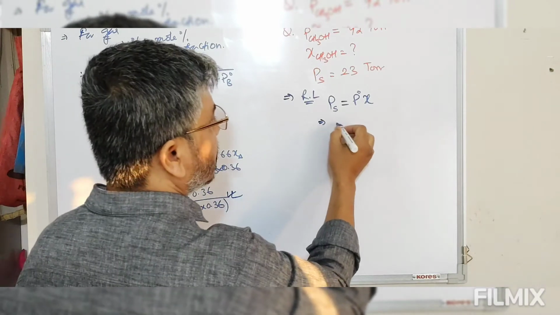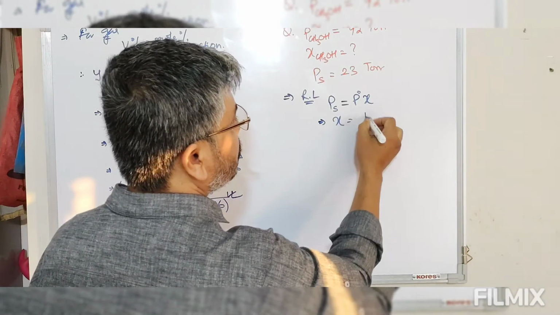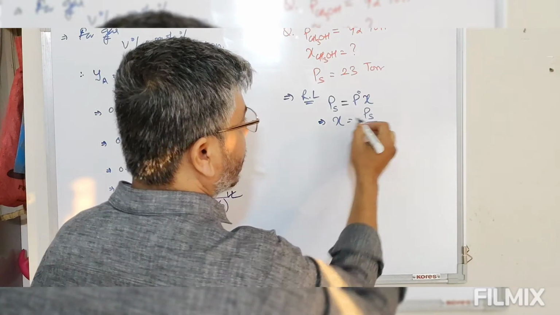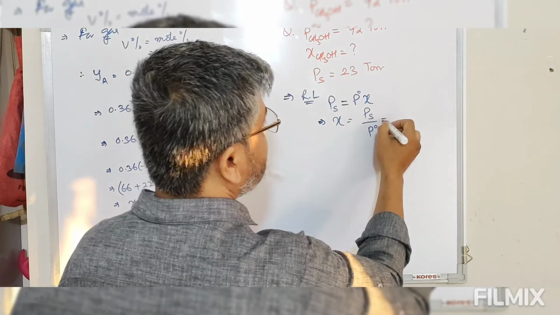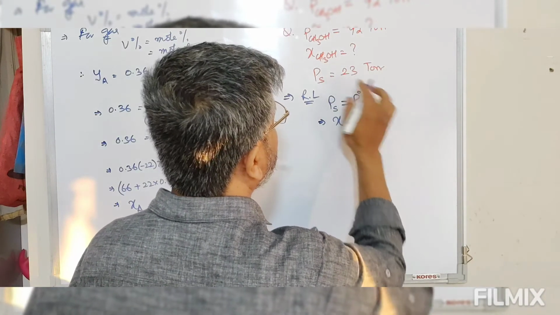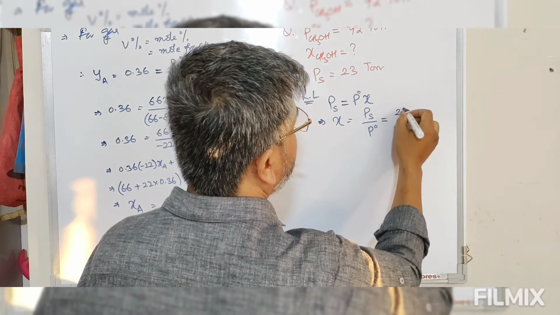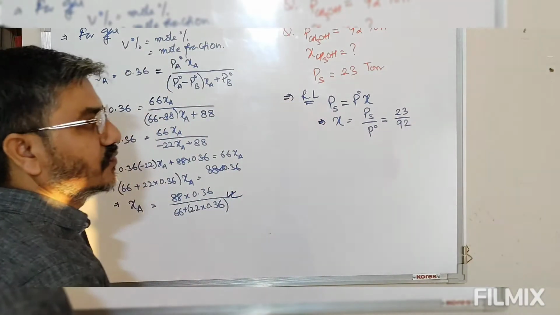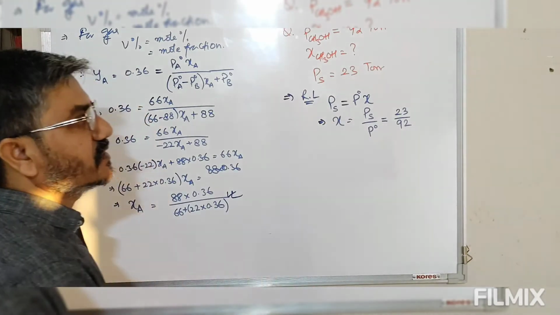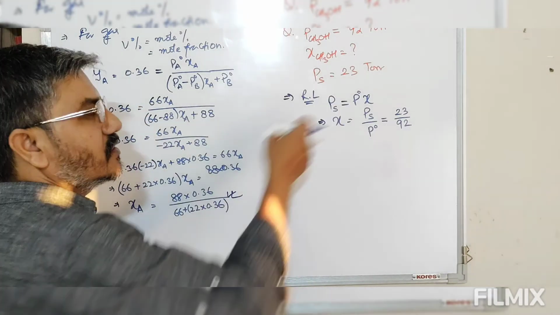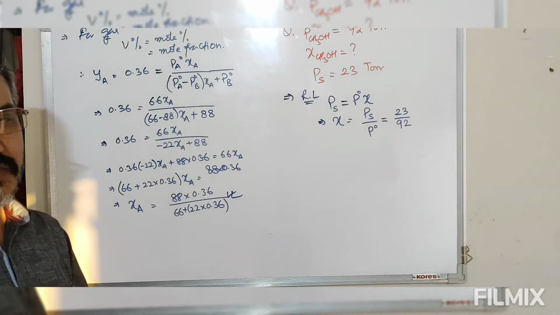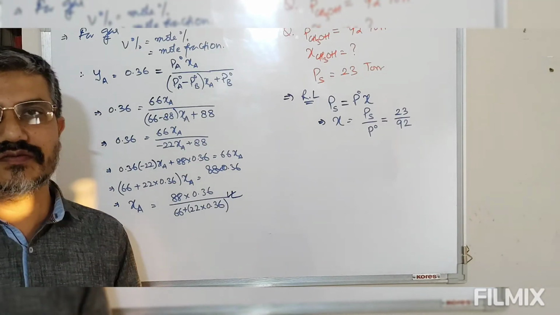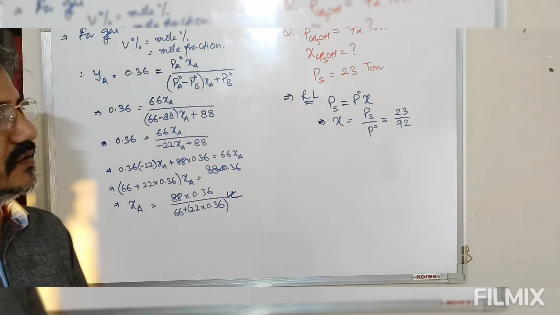So the mole fraction of solvent is equal to PS divided by P naught. PS is given as 23, P naught is given as 92. So this is the mole fraction of A in the solution. We are simply using Raoult's law: the vapor pressure of the solution is directly proportional to the mole fraction of the solvent present in the solution.